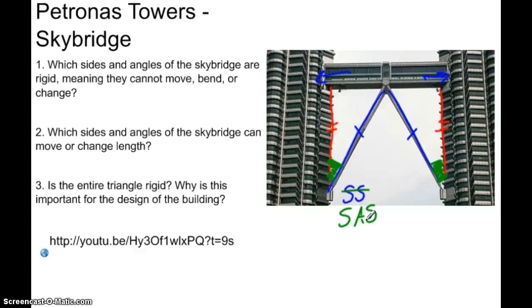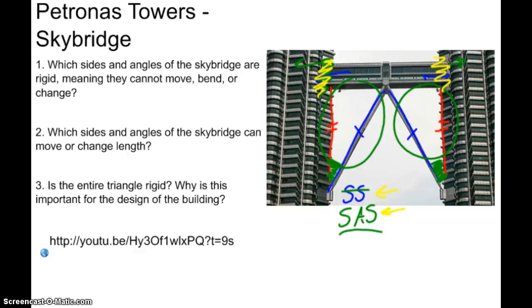Well, the buildings would sway apart, but because these two triangles are congruent, rigid by side-angle-side, the bridge would rip right out of the buildings and the whole thing would collapse. So that's why it's important to know that side-side is not rigid, allowed to move. Side-angle-side is rigid, can't move, and that bridge would rip right out of the buildings.